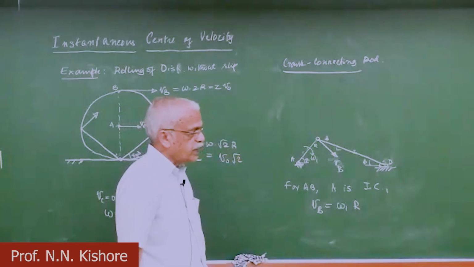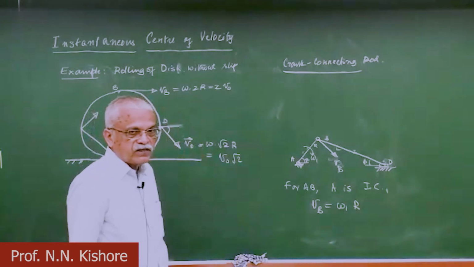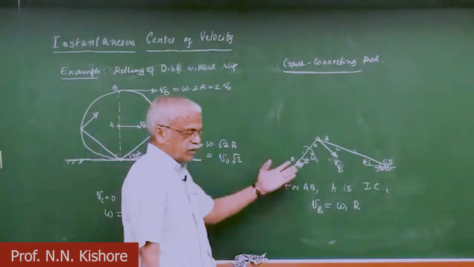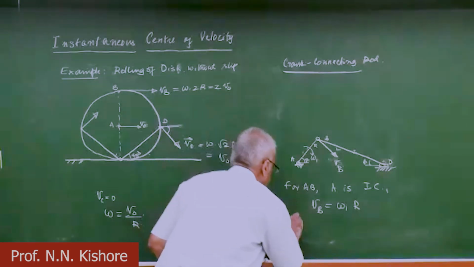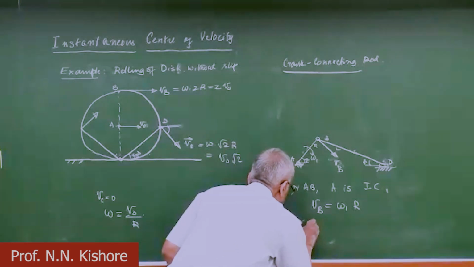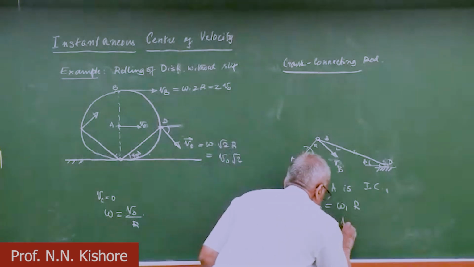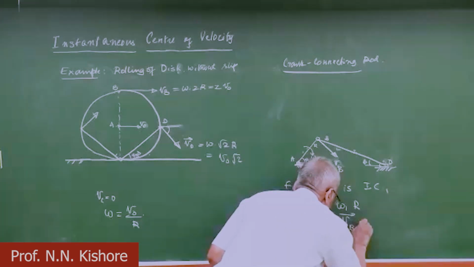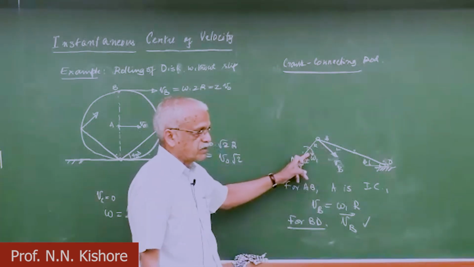So where is the instantaneous center for link 2? It is obviously not A. So what we know for BD is that the velocity of B is given; we found it from the analysis of the crank.